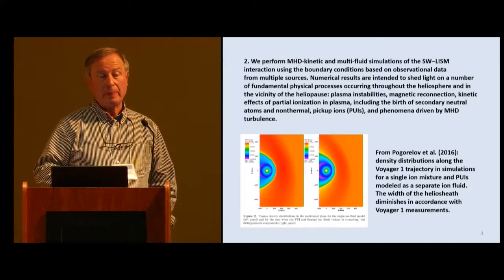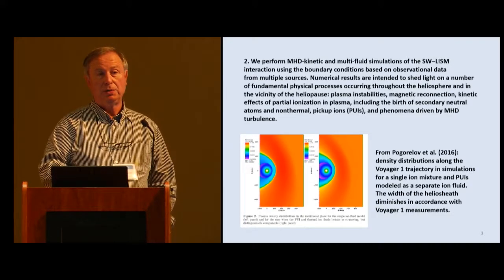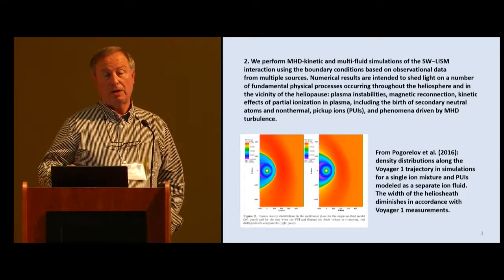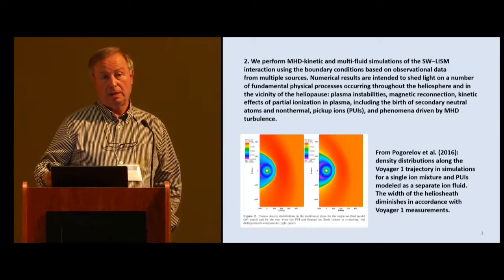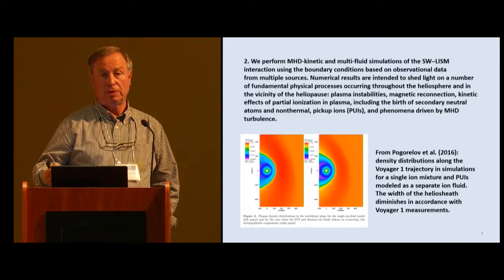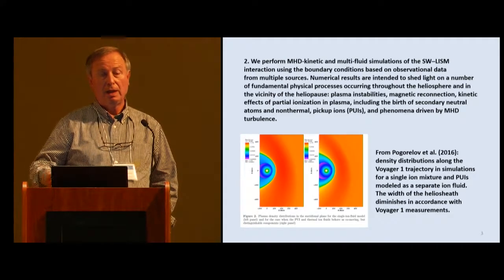For pickup ions, non-thermal ions, we use different approaches. One of them is based on the fluid approach, where it is assumed that they co-move with the solar wind plasma, and so we need only to solve the pressure and continuity equations for them.